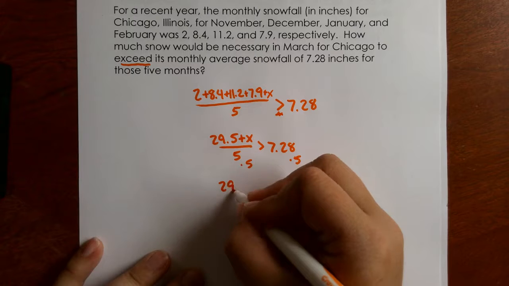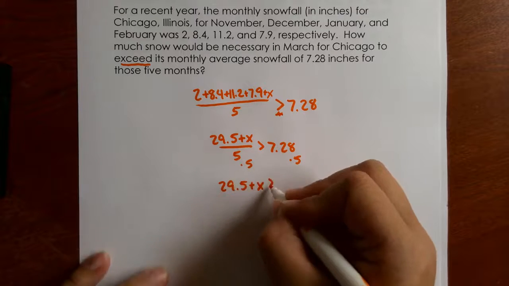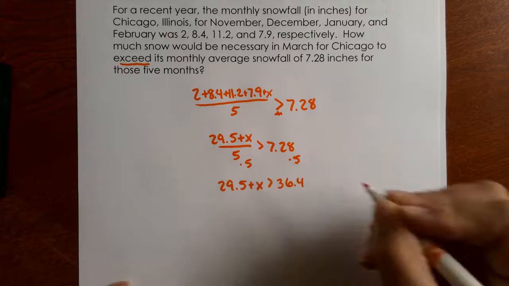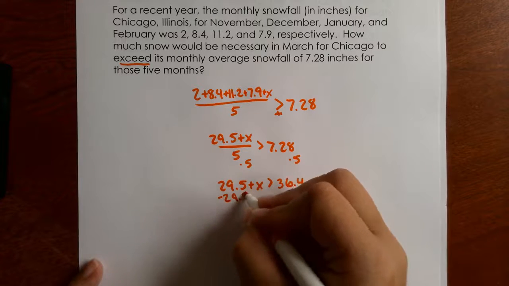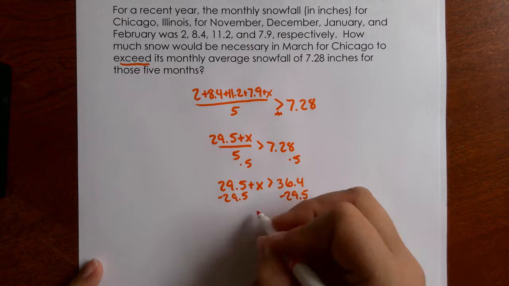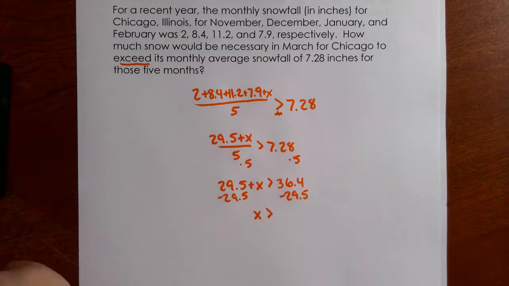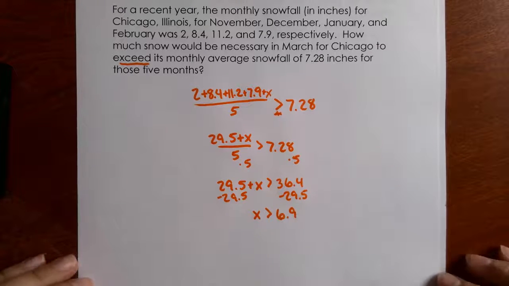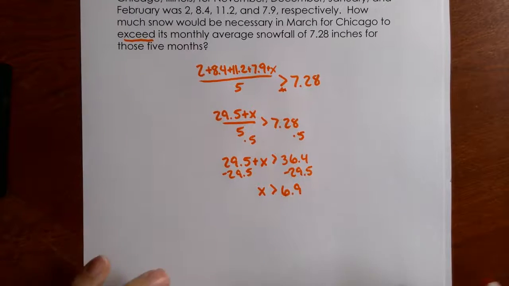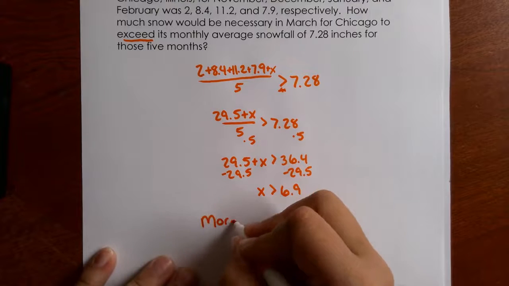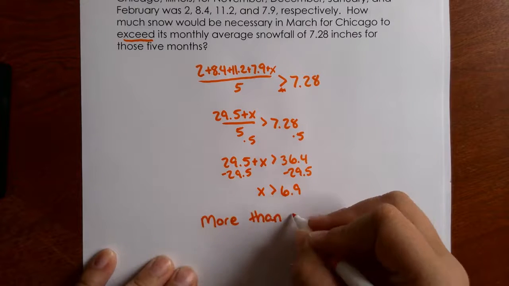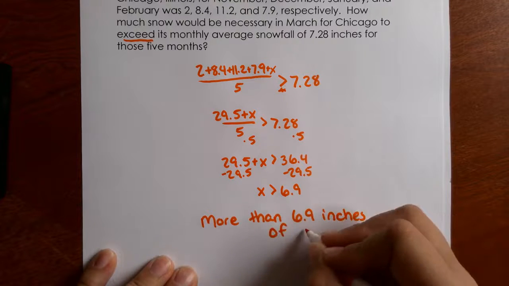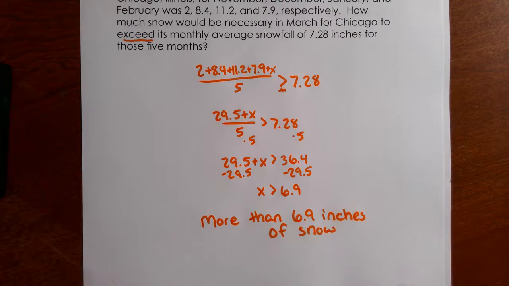So I get 29.5 plus x is greater than 36.4. Subtract the 29.5 off each side, and I get x is greater than 6.9. So the question was how much snow would be necessary. They would need more than 6.9 inches of snow. And there we have it.